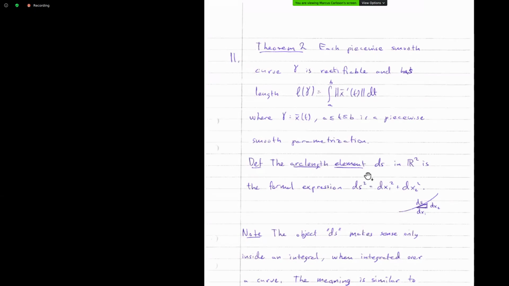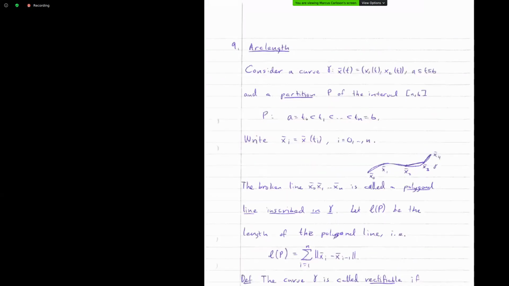I said I do it backwards so that you get the formulas you need immediately. But let's go back to page 9 and introduce arc length, which is what it sounds like, the length of an arc. But we're not going to do it by an integral like this, but in a more basic fashion.